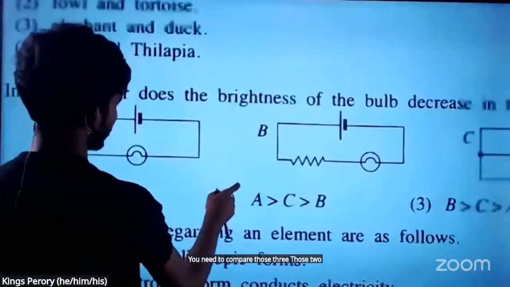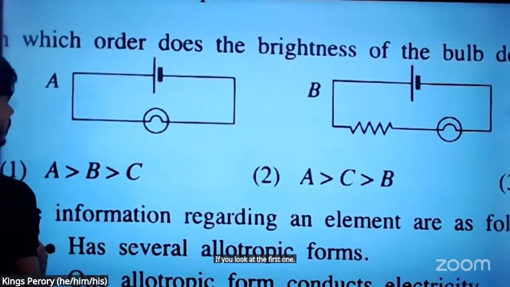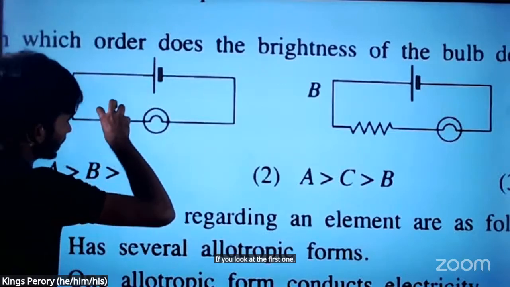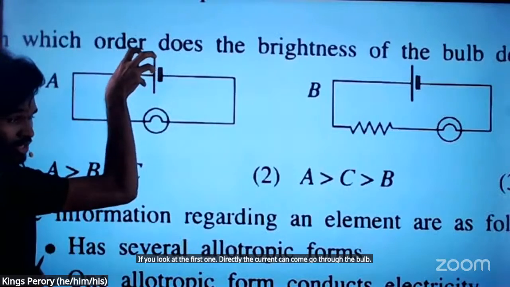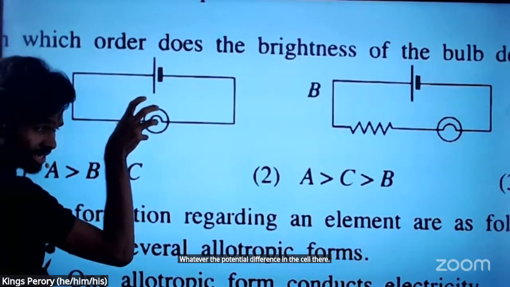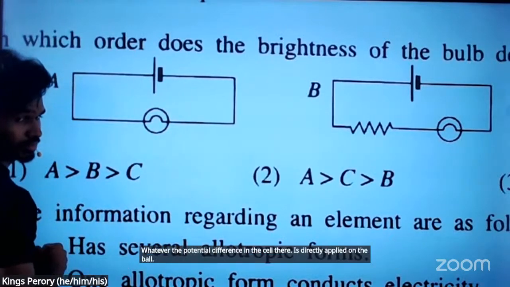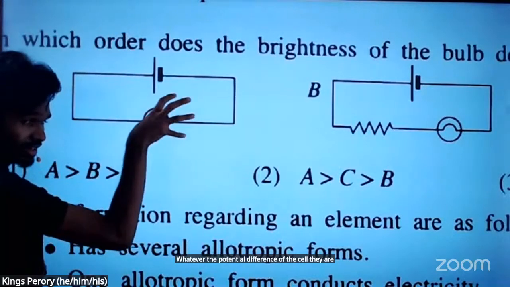Now compare them. If you look at the first one, the current can go directly through the bulb. Whatever the potential difference of the cell is, it is directly applied on the bulb.